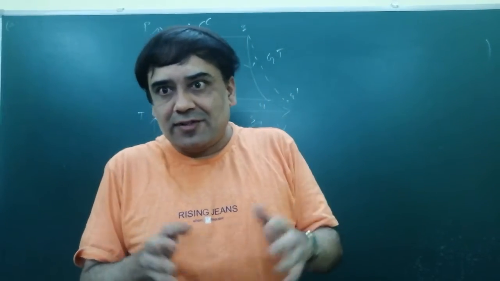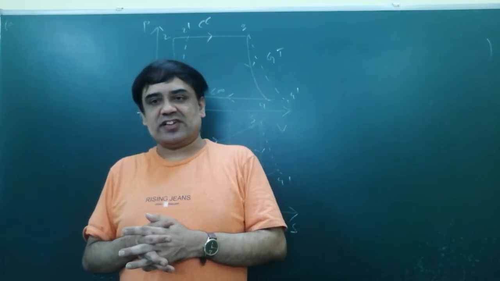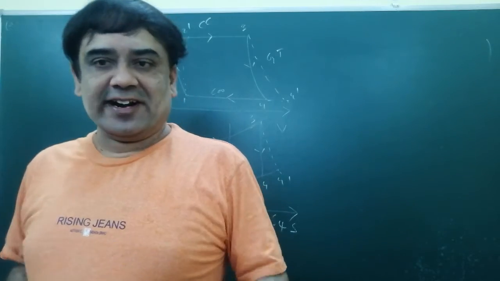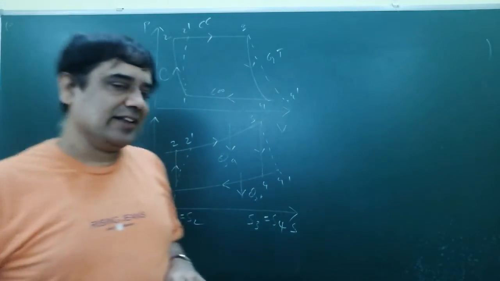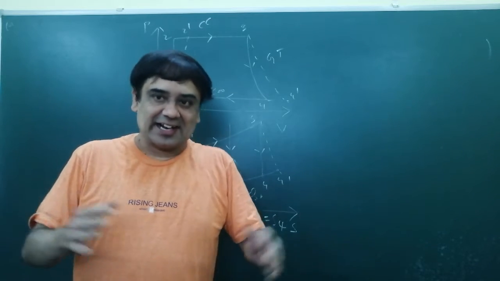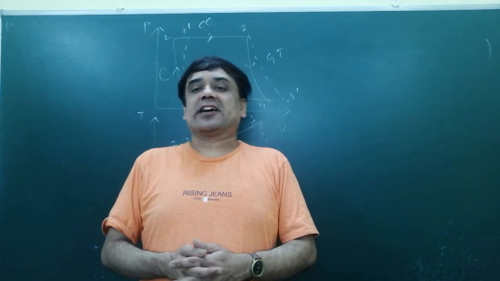But when we take up the methods to improve cycle thermal efficiency, we have three prominent methods. One is the intercooler based gas turbine, second is the reheater based gas turbine, and the third, very important, is the regenerative gas turbine.